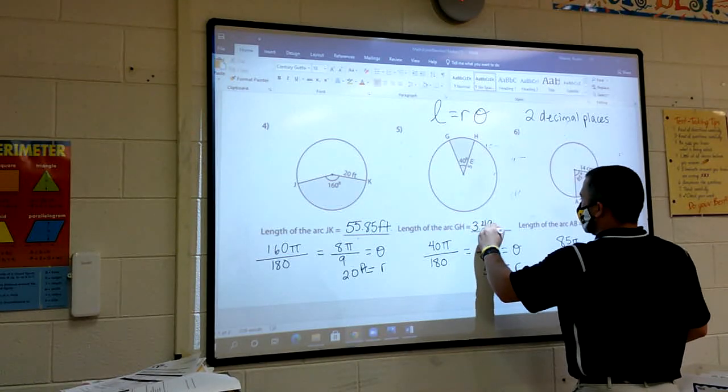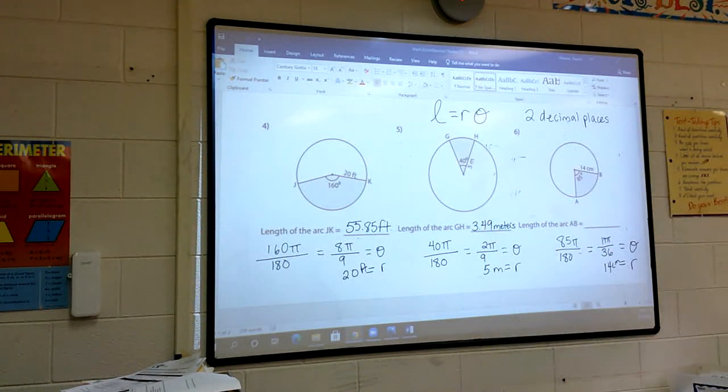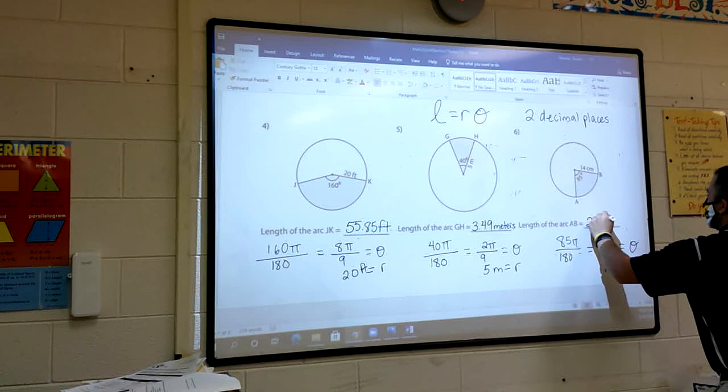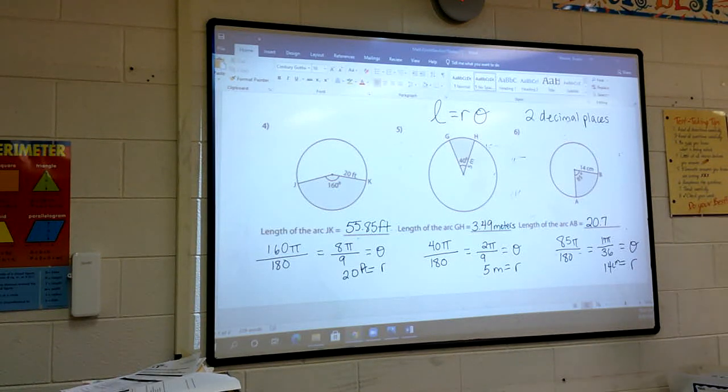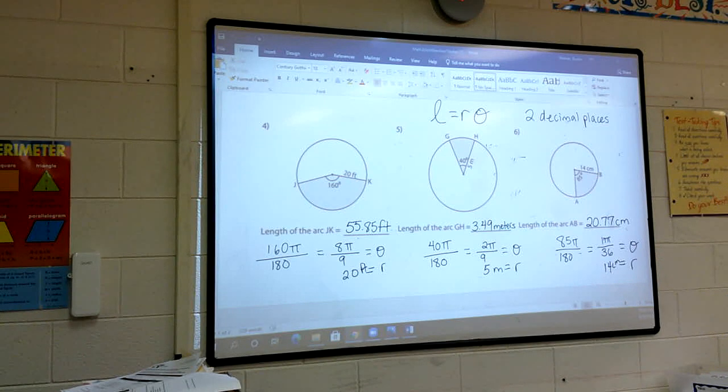And then lastly, 7. Yeah. And that's in centimeters. Okay. So those are your arc lengths.